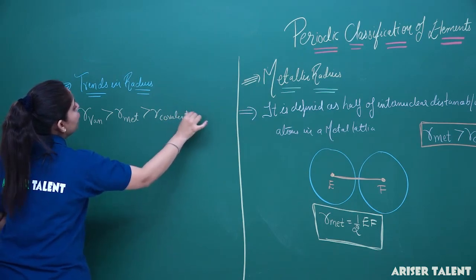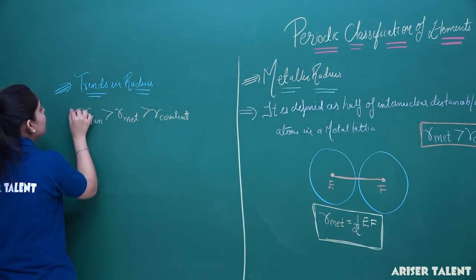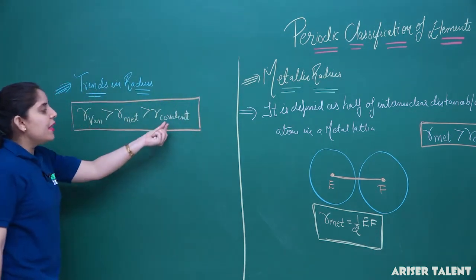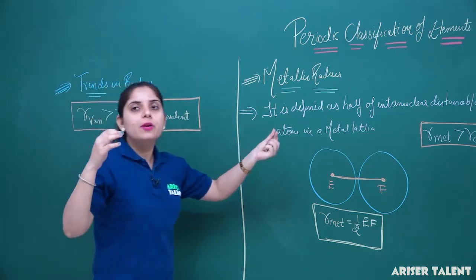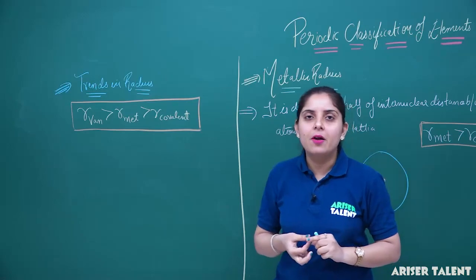It means if you consider all three radii, the van der Waals radius is found to be much greater than the other two, and the covalent radius is found to be very small. So this is about all the three radii we have discussed.